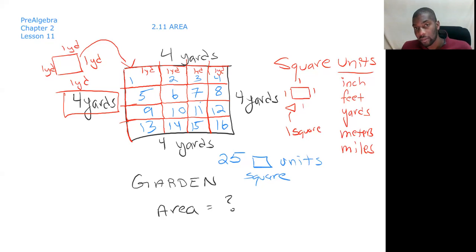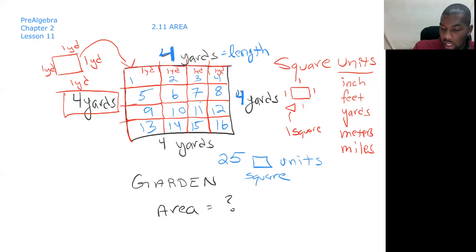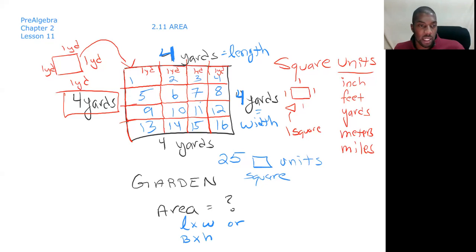Another way you could have done that is you could have multiplied this length times this width. This was the length, it was 4 yards, and you could have multiplied it by the width. In fact, the equation for area is length times width, or base times height. Both of those would give you the area. Now, in this case, the units were yards, right?